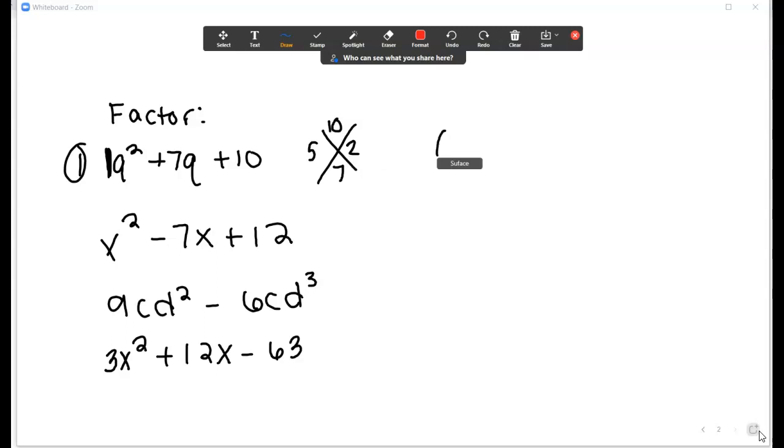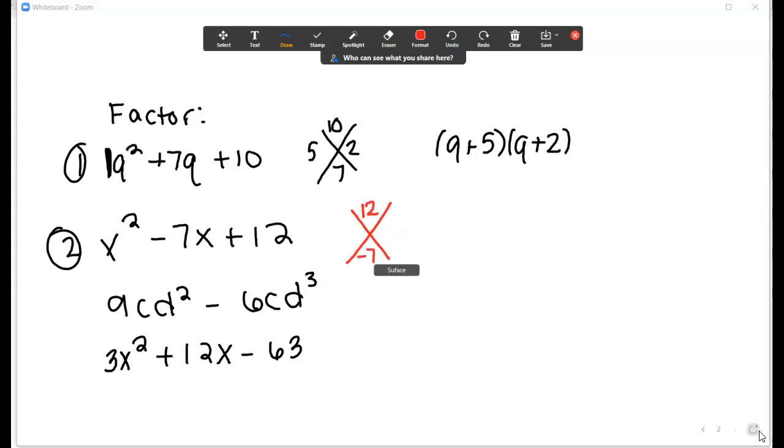So in factored form, since the first number is 1, it's q plus 5 and q plus 2. Number 2. Again, if you set up your magic x, it would be 12 over negative 7. So it'd be a negative 3 and a negative 4. So it'd be x minus 3, x minus 4.